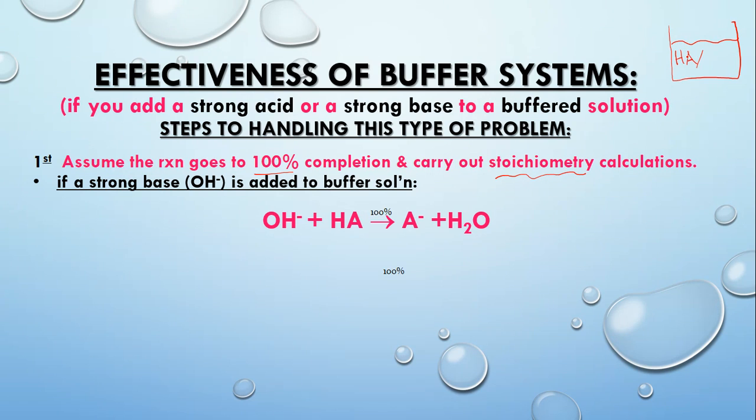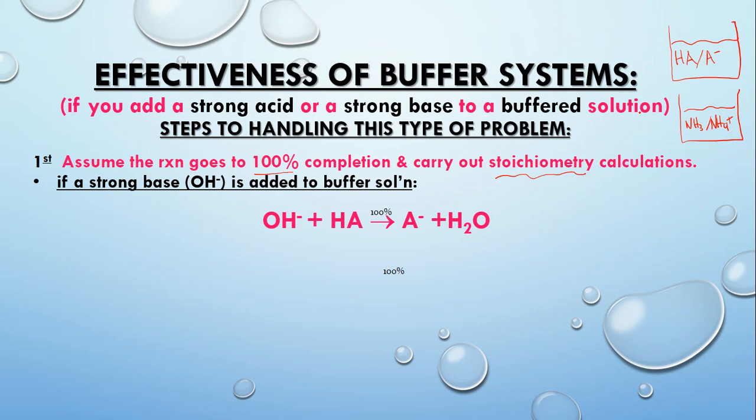So I'm going to use HA for my weak acid, and the common ion that would come from the salt would be A- in this case. And likewise, if this were ammonia, a weak base, you could put NH3, and then its conjugate acid would be NH4+. But in each buffer system, you have a conjugate acid-base pair.